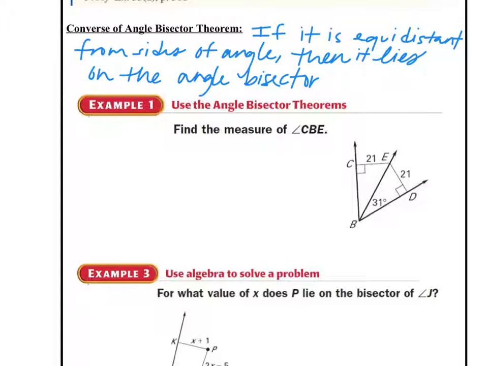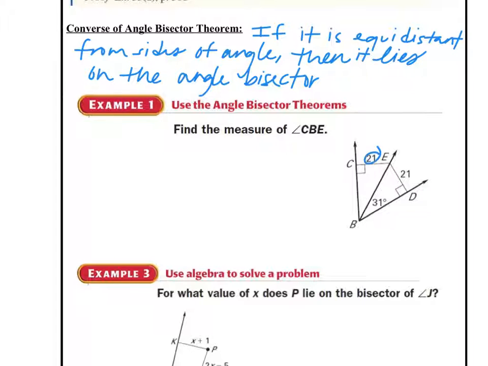Cooper, how do we know? How do you know it's an angle bisector? How do you know? It looks like an angle bisector. It's not that long. Well, CE and ED are essentially.